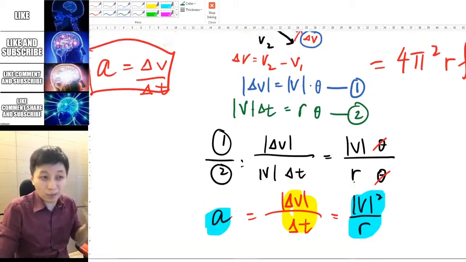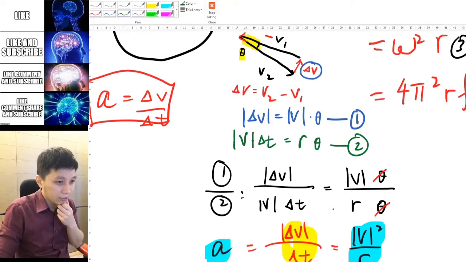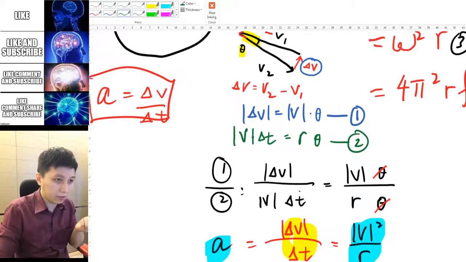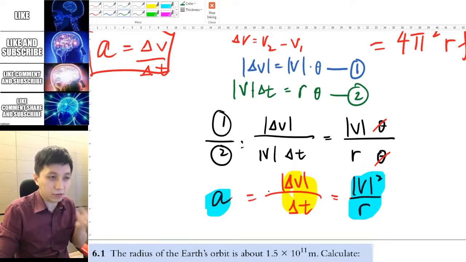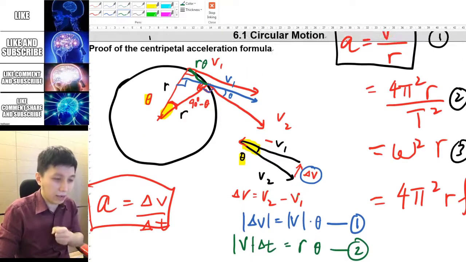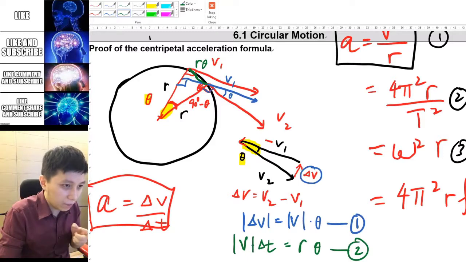So how do we determine the direction of the acceleration, you may ask? I was thinking we can look at delta V, because delta V should be the direction of acceleration too. But now I realize I made a mistake here: this direction of vector delta V is wrong.